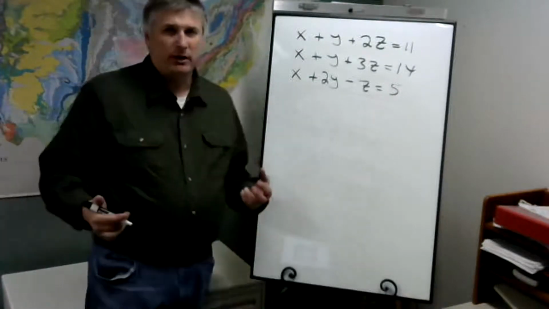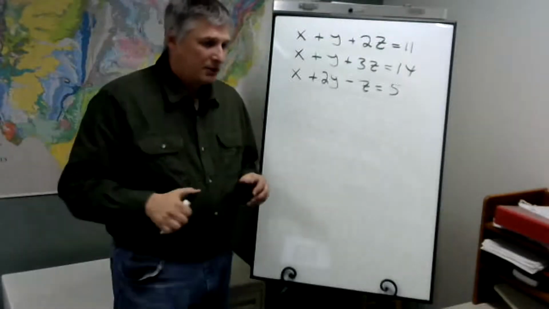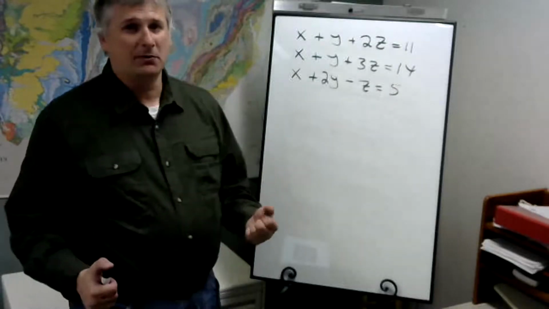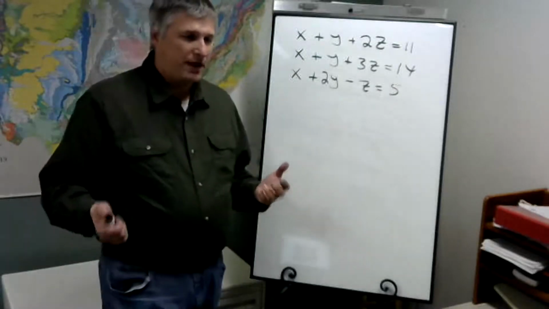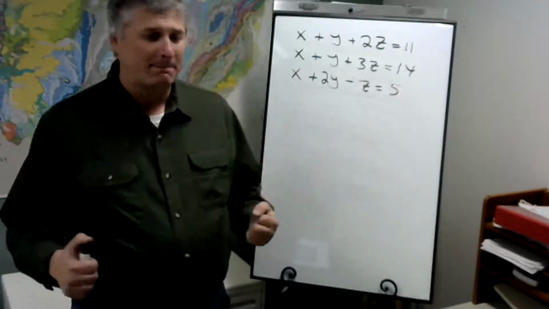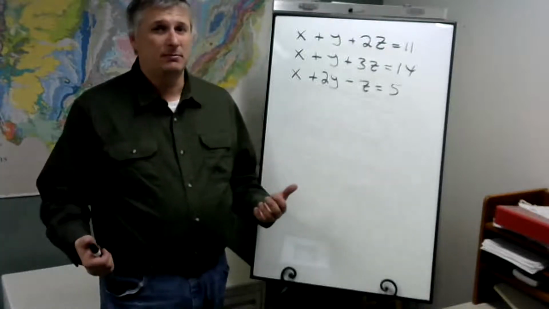And we want those 2 equations to just have 2 variables. Now, here's an important thing. The 2 equations must each have the same 2 variables. So if we have an equation with x and y, then the second equation needs to contain an x and a y. If we have an equation with a y and a z, the second equation needs to be y and z.